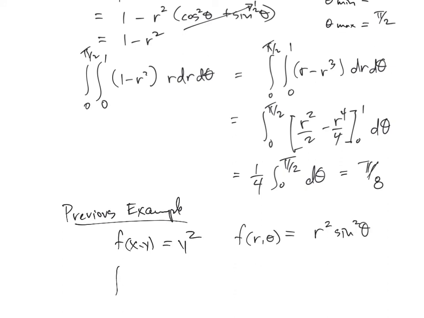So now if you do the integral, same region of integration, so the limits are the same as what we just did, but our function now is going to be r squared sine squared theta, times r dr d theta. Okay, we end up with a much simpler integral.